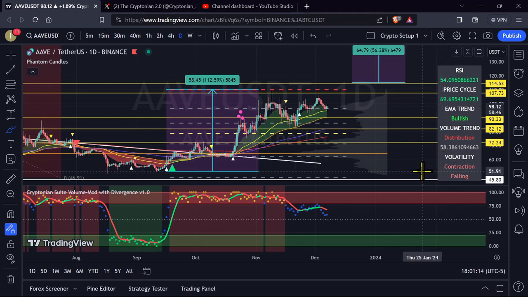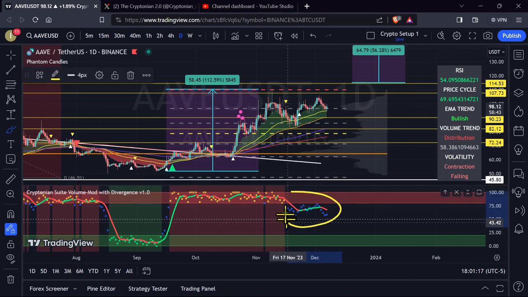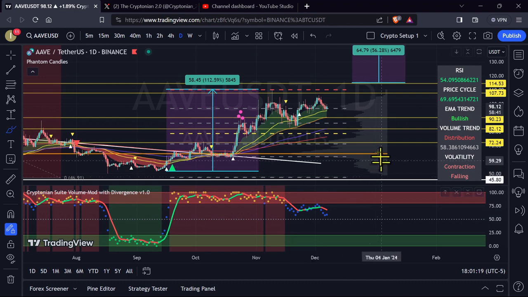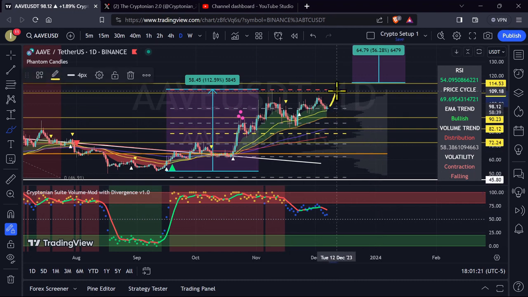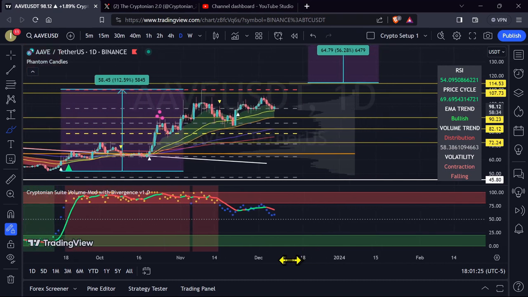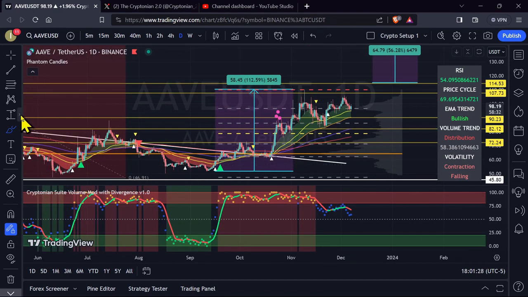So although we are seeing some profit taking here, we could actually see a push. We could see higher prices from here.